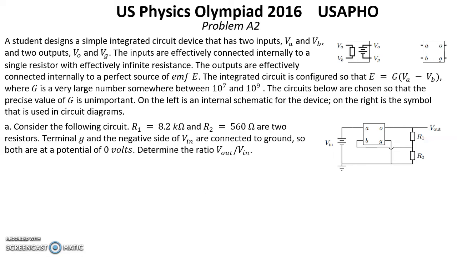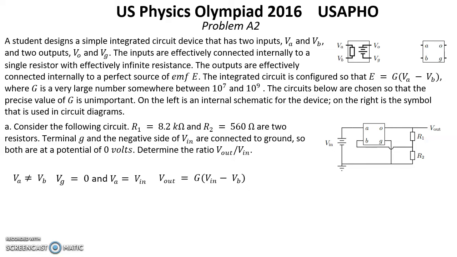For part A, we will not assume that VA equals VB. Since terminal G is grounded, we have VG equals 0 and VA equals Vin. So, Vout equals G multiplied by (Vin minus VB).